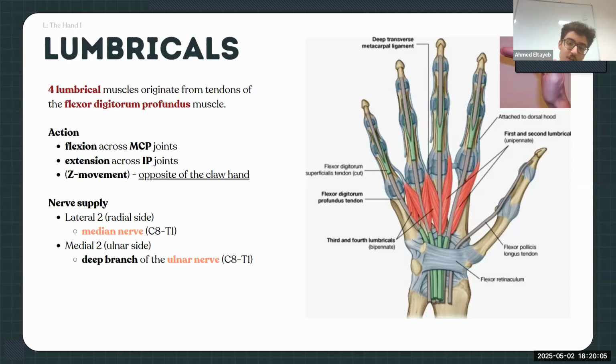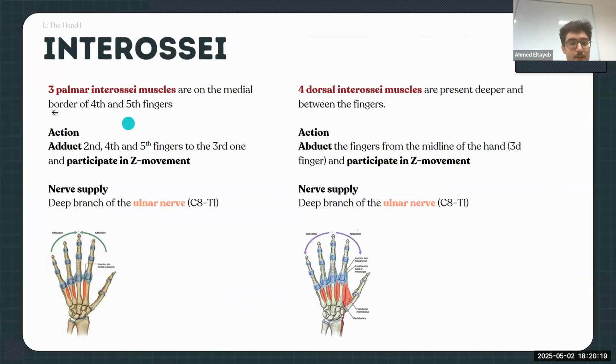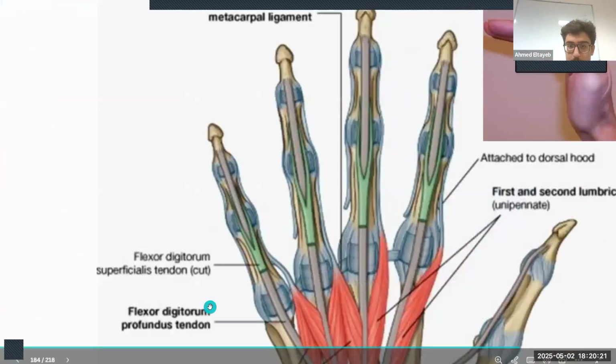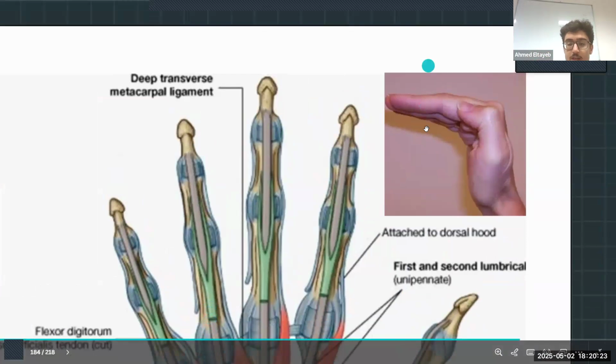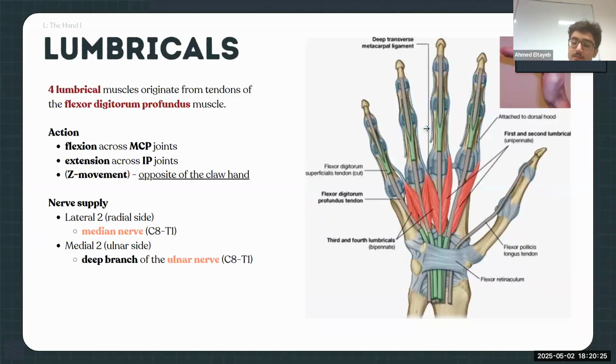And this is flexion across the metacarpal phalangeal joint. So when you do this, you're doing both movements at the same time. We call this Z movement, which is right here. You see this picture? Z movement. And it's completely opposite than claw hand. You're going to talk about claw hand in the brachial plexus part.